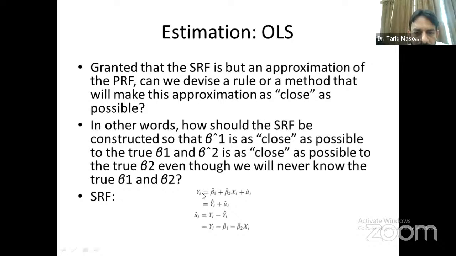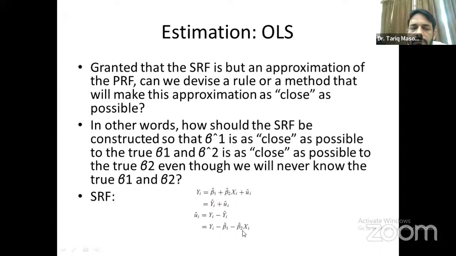Now from any given sample regression function, this part, beta 1 cap plus beta 2 cap xi, we can write as yi cap. So yi, the true value, is equal to yi cap, the estimated value, plus ui cap, which is the residual, the estimated error term or residual term. From this equation, after rearranging, you can take ui to the left side: ui cap is equal to yi minus yi cap, or after putting yi cap values in beta 1 beta 2 form, it is yi minus beta 1 cap minus beta 2 cap xi.